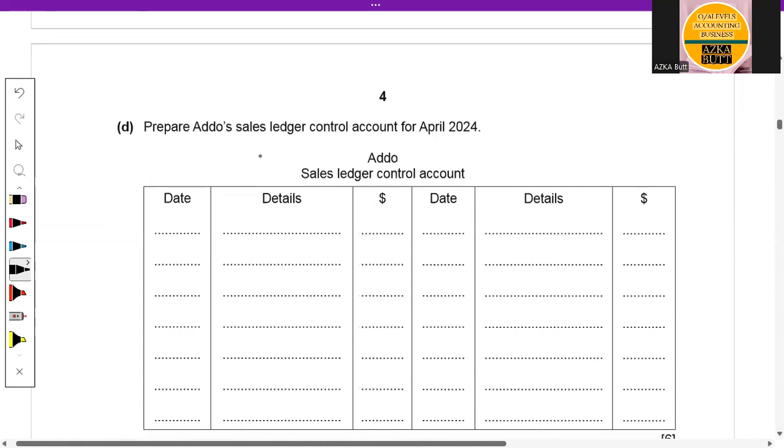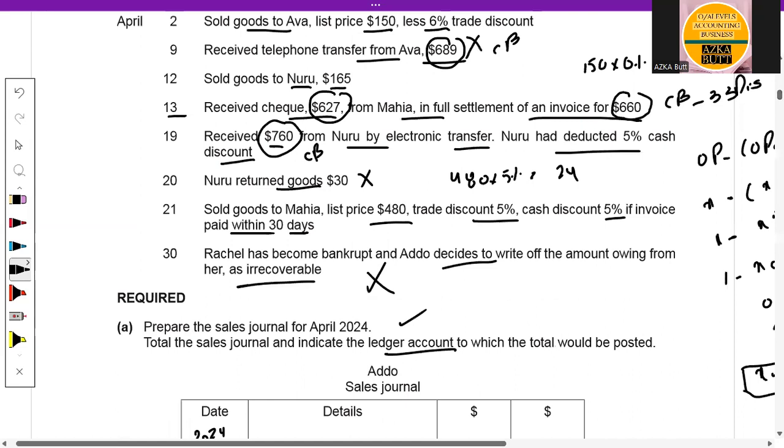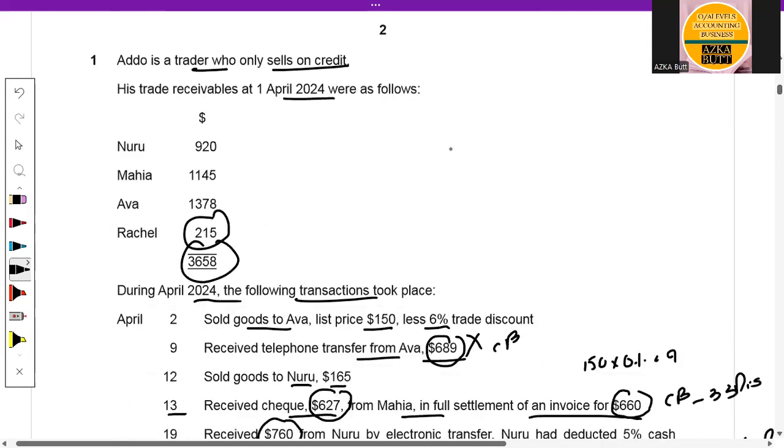Prepare the ADOS sales ledger control account for April 2024. First of all, we have the balance b/d, and the balance b/d was at the starting of April. This is 3658. This is the balance b/d, so this is the trade receivable at first April.